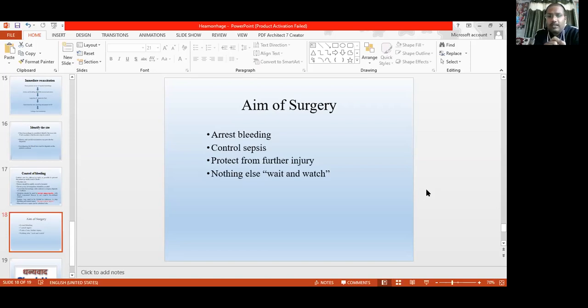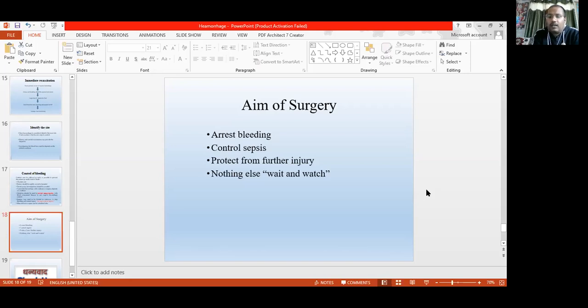You are controlling the bleeding and trying to do good for the patient, but finally the patient may come to harm, because the patient gets infected, and it can harm more than the initial injury.